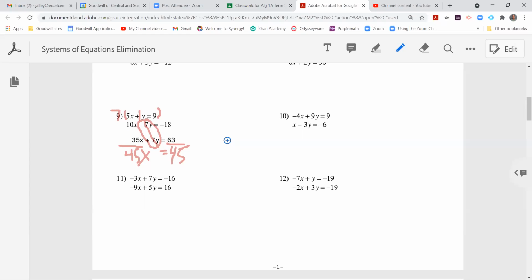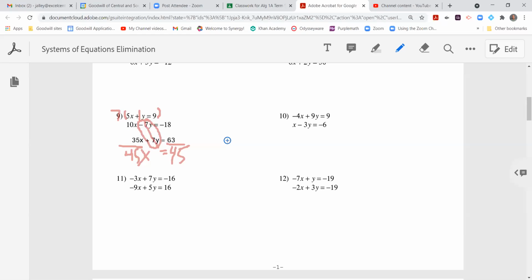My total column, I can't ignore that other number sitting there from the second equation. I still need to use it. So 63 minus 18 is 45. And then you just divide by 3. Yeah, I mean, obviously the coefficient here is 45. It's the same as my total, so it's going to have to be 1. Divide both by 45, like you said. So x would be 1.